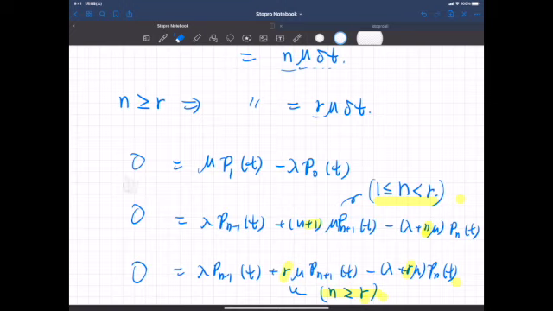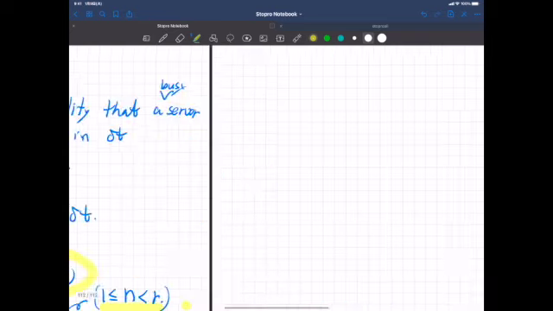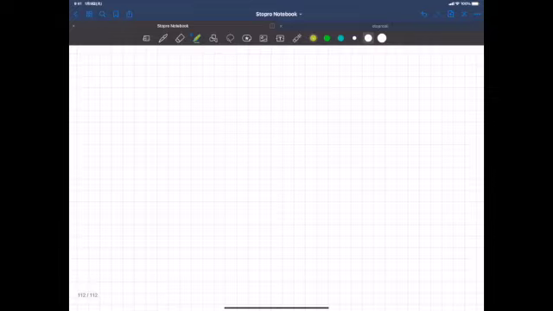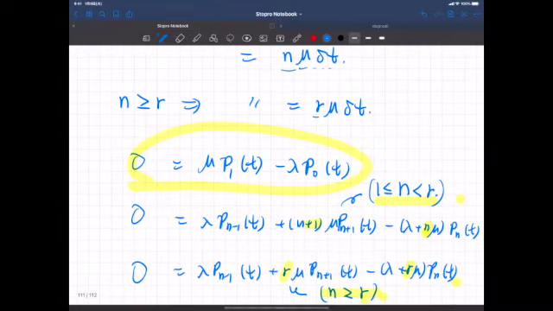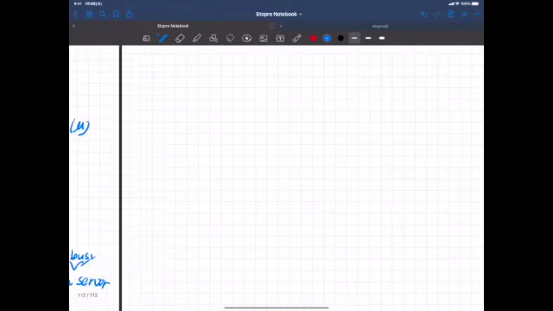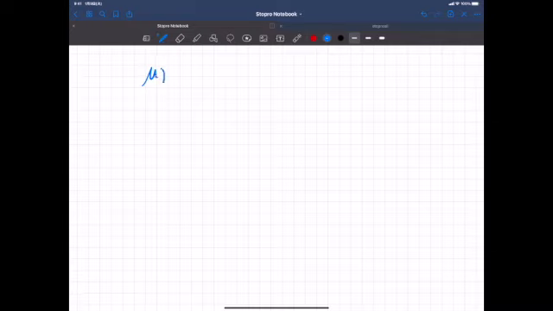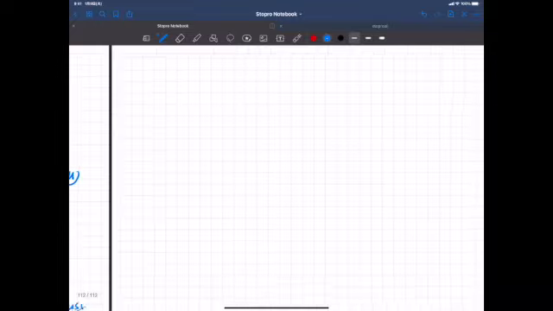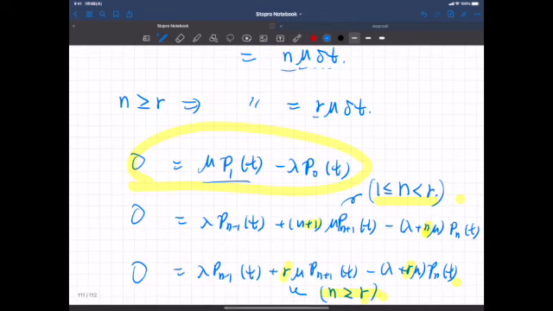First of all, from the first equation, we have mu P1 equal to lambda P0. And second, in the second equation, let's put n equal to 1.